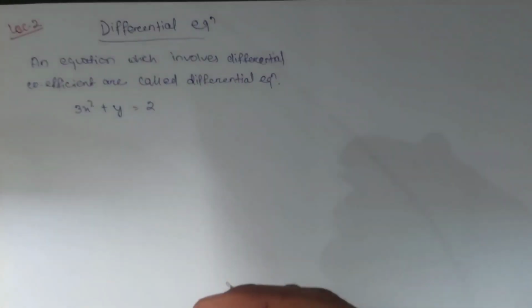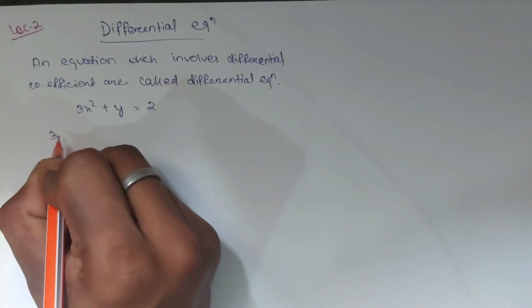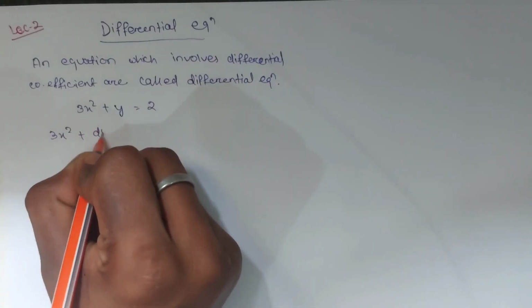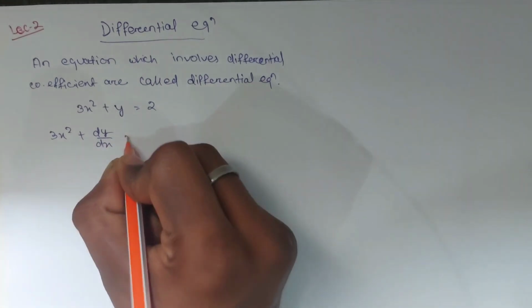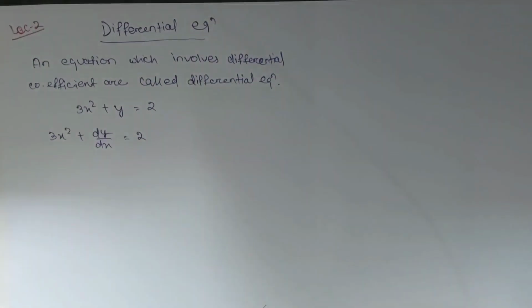But if it contains a differential coefficient or differential operator, then it forms a differential equation. If this equation is 3x square plus dy by dx, as it contains a differential operator, now it turns out to be a differential equation.